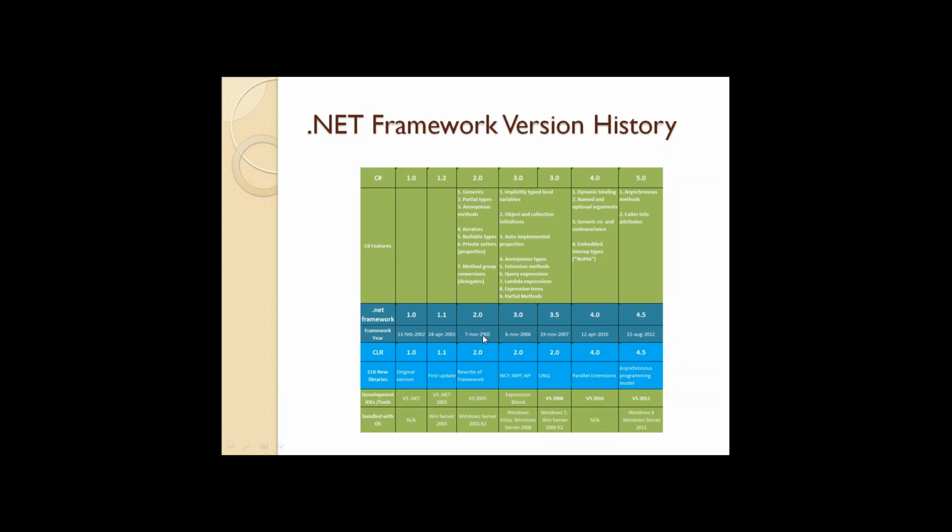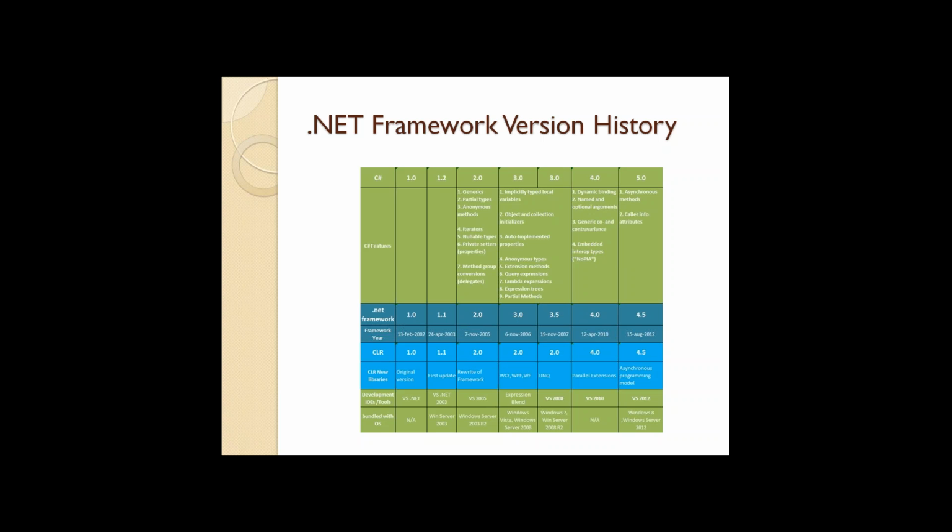And .NET framework 2.0 came in 2005. This is the most successful version in the .NET framework. From here to 4.5 or 5.0, .NET got most of its success. From 2.0 is the most successful version for .NET. Versions 1.0 and 1.1 are not that famous.